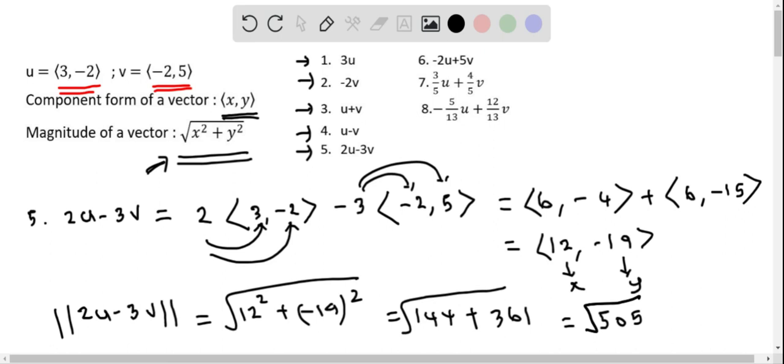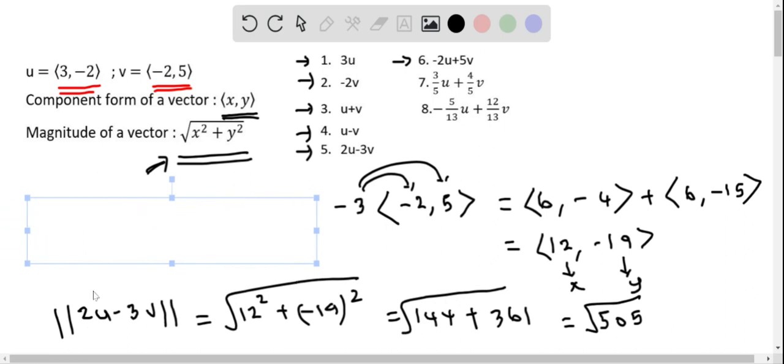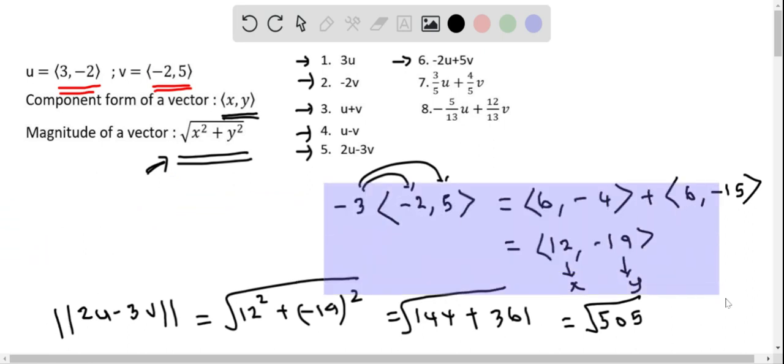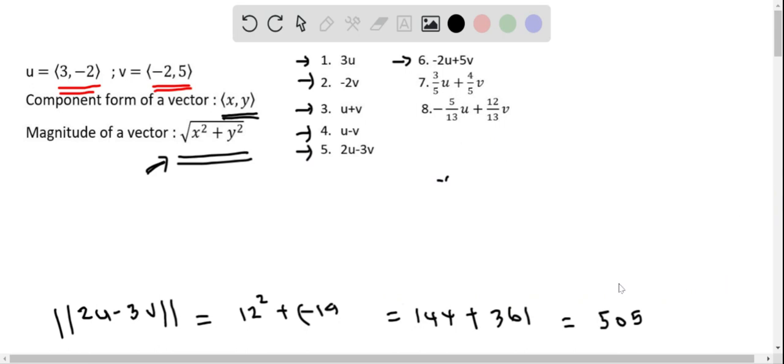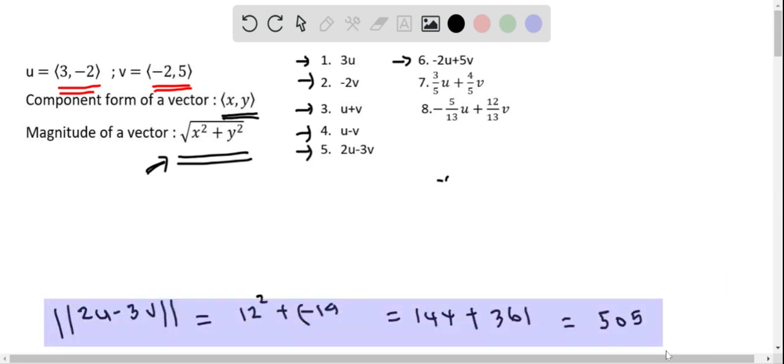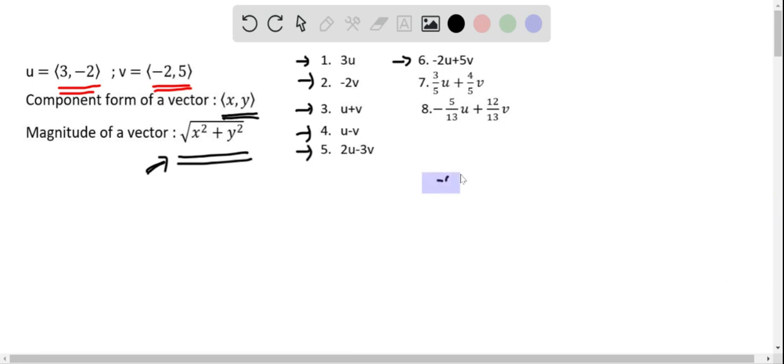Let's now do the same thing for the remaining three vectors. That is, we now do the sixth vector. This is minus 2u plus 5v.